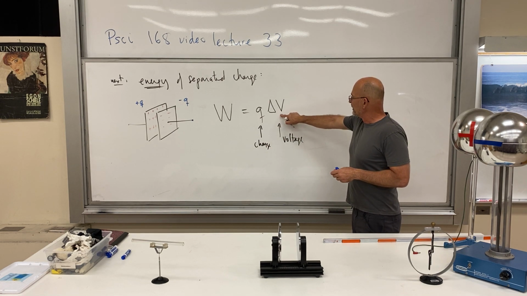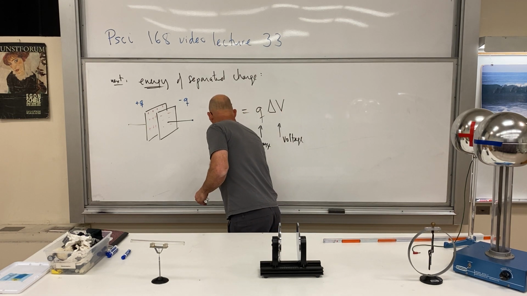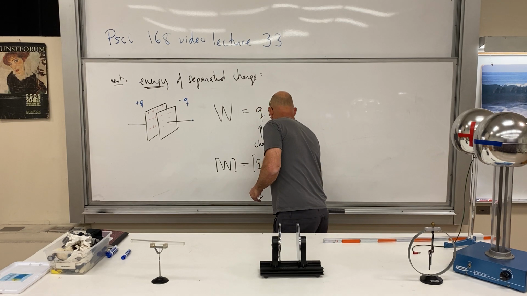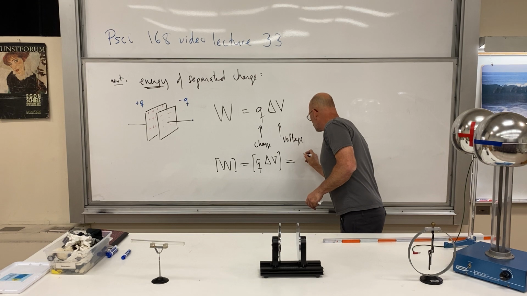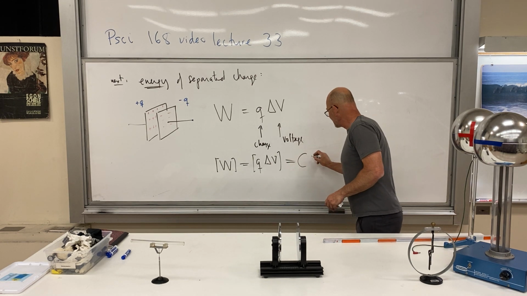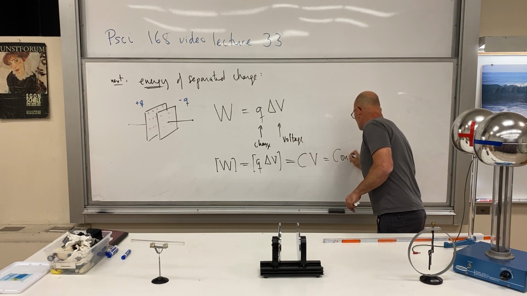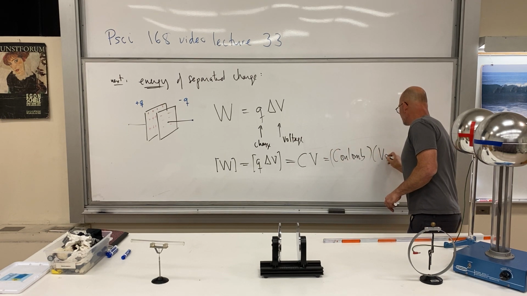So we can actually talk about the units here. We do the square brackets, and you guys remember, we want to get out what the units are. So the unit of Q is the coulomb, and the unit of delta V is the volt. Coulomb times the volt.